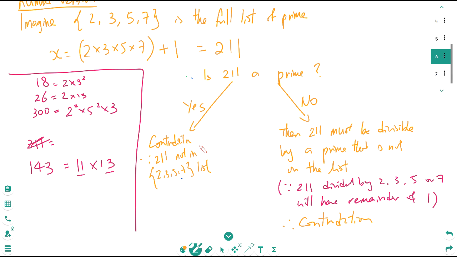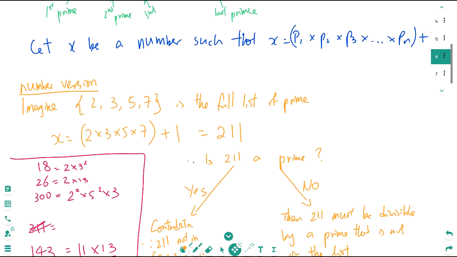If 211 is a prime, then straight slap in my face, it's a contradiction because it's not a full list. You say it's a full list, but it's not. You lied to me. If 211 is not a prime, then there must be another prime that could help go in. That means 211 must be divisible by another prime that is not on the list. Again, another slap in my face. So contradiction.